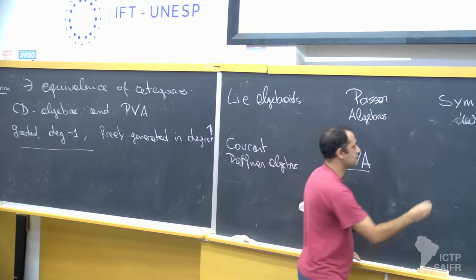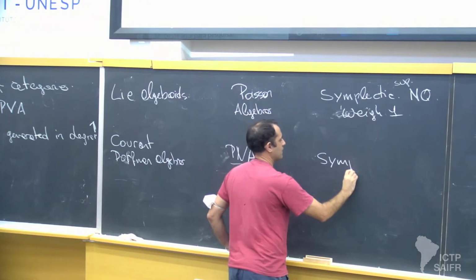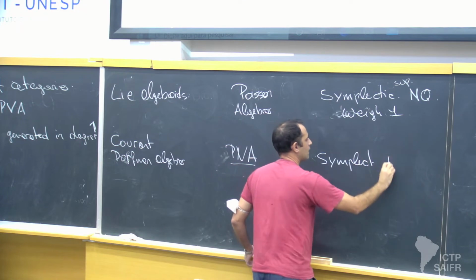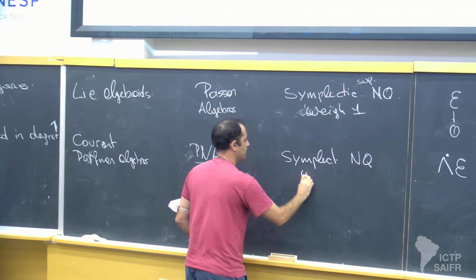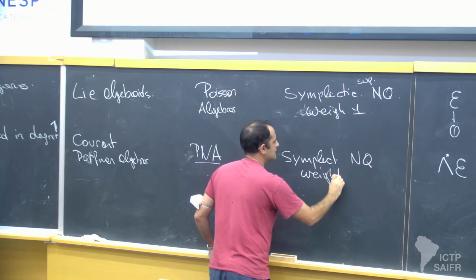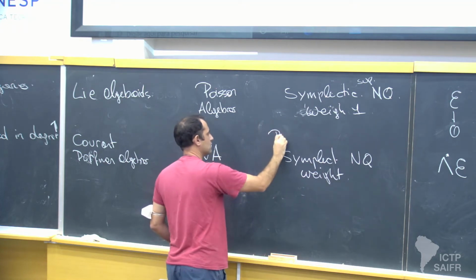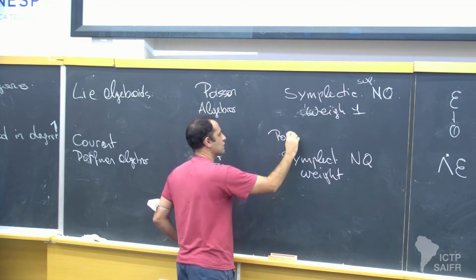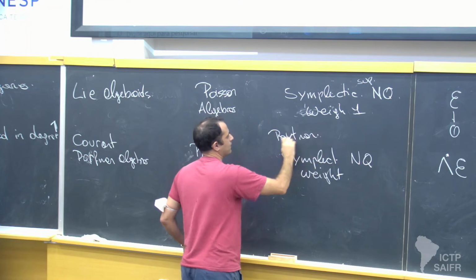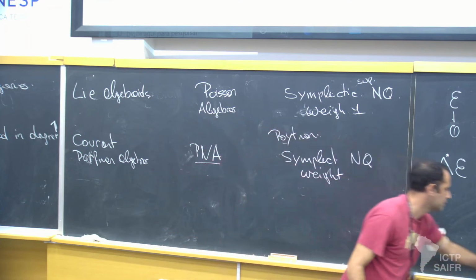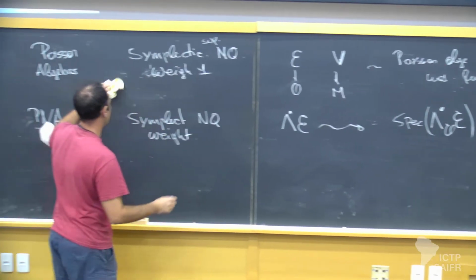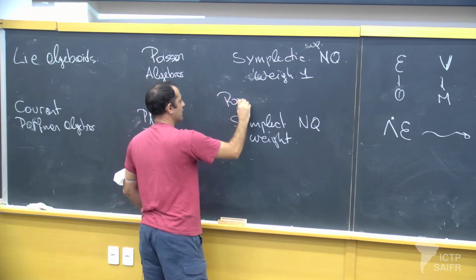And here you get a symplectic NQ manifold of weight 2. This is actually the work of Roytenberg. That's the only name I've mentioned so far. I'm sorry, it's not Reutenberg; it was bad, and I'm on record. So this is Roytenberg.